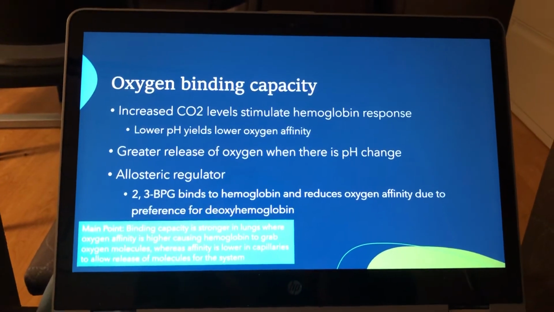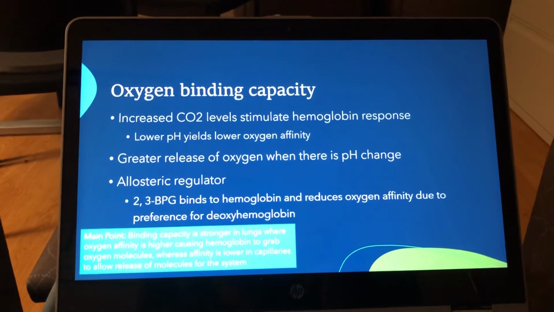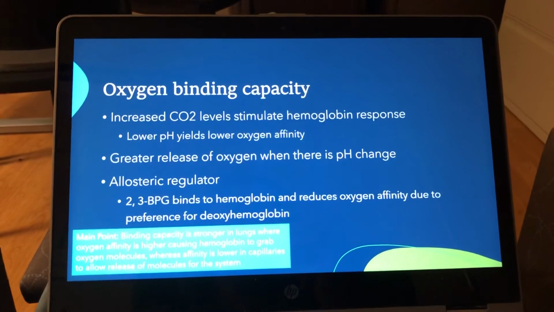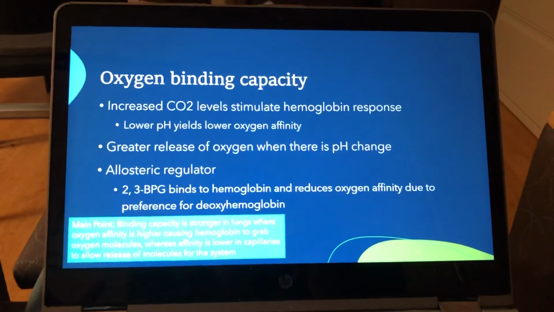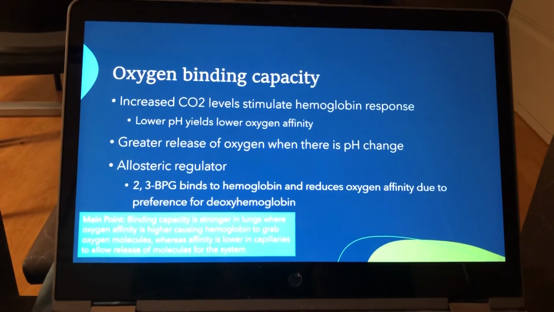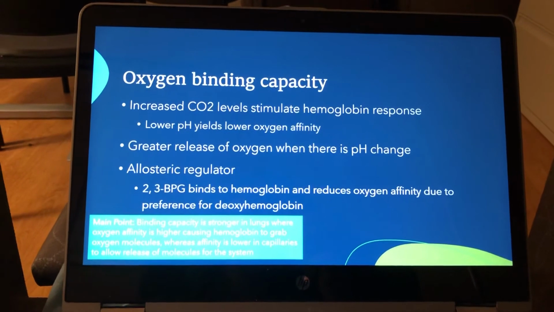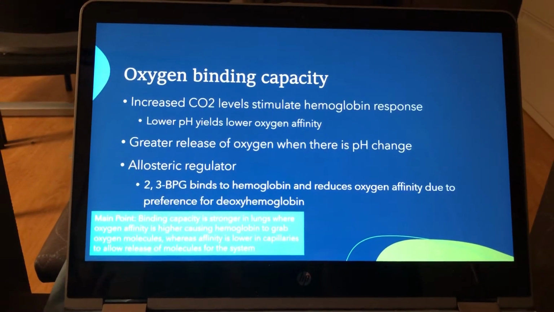And now all of this is due to an allosteric regulator known as 2,3-BPG. There's a longer terminology for it, but I couldn't exactly pronounce it properly, so I figured we would keep it with the abbreviated version. So what exactly is going on is this 2,3-BPG binds to the hemoglobin and is what is causing the hemoglobin's oxygen affinity to reduce.